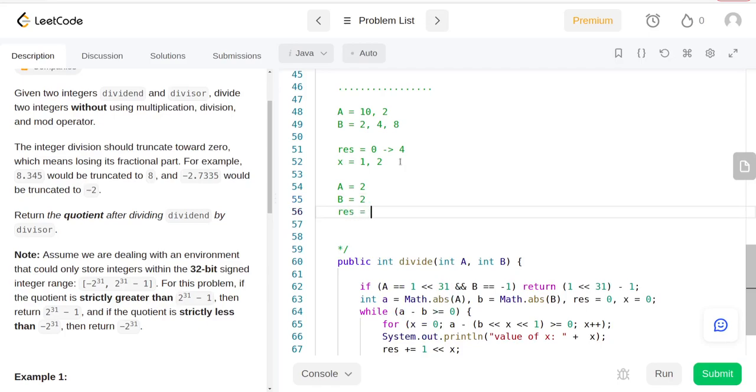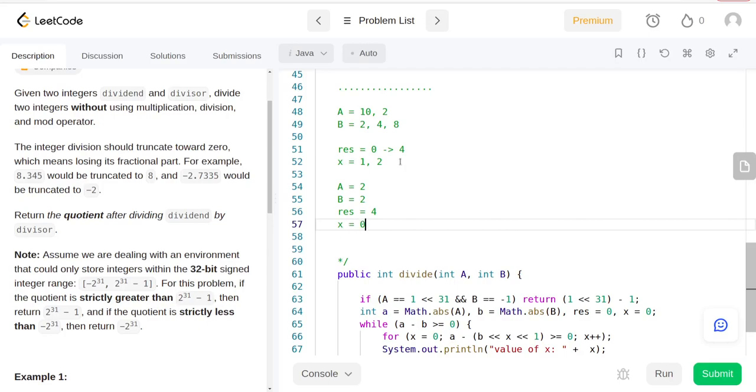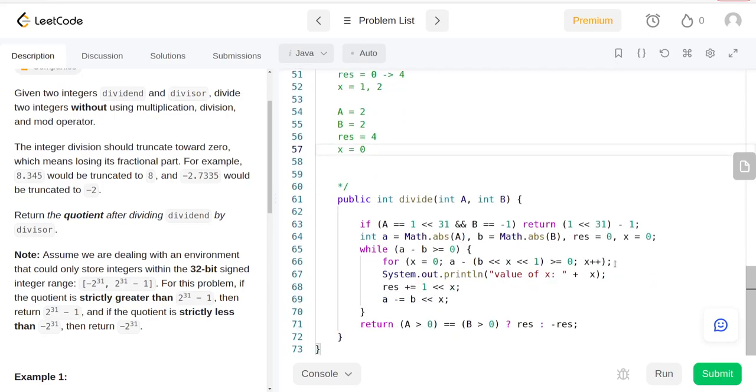The result this time will start with 4 and x will start with 0. Again, when we come here, we will get into this while loop because a minus b is still greater than or equal to 0. It's equal to 0, and now this will not increment because even if you multiply b with 2, it's going to become greater than a, so the condition won't stay.